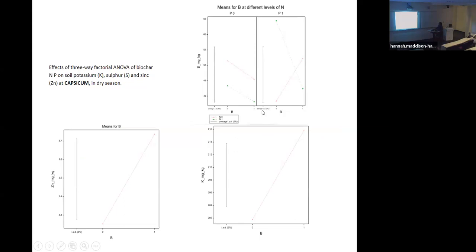So this is the figure we obtained from the application of biochar fortified with nitrogen and phosphorus. As I said before in the table, it always brings the level of sulfur down to a normal level for absorption by the plants.